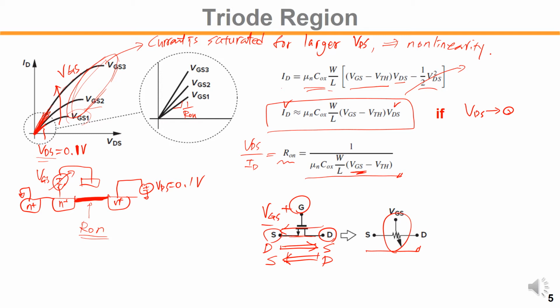In the other case, if the current flows left to the right, then the right hand side is the source, and the voltage on the source is important to determine the resistance. Okay, so the triode region is kind of a voltage controlled resistor.